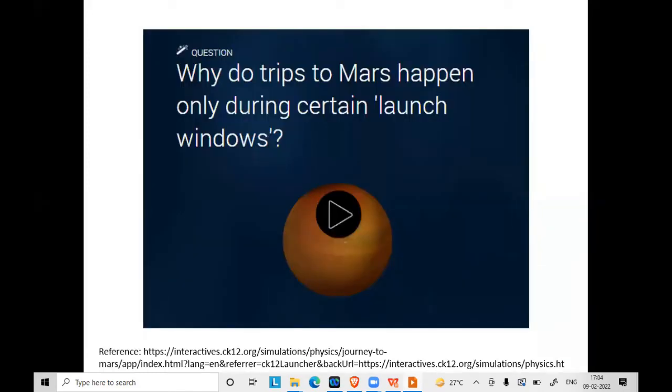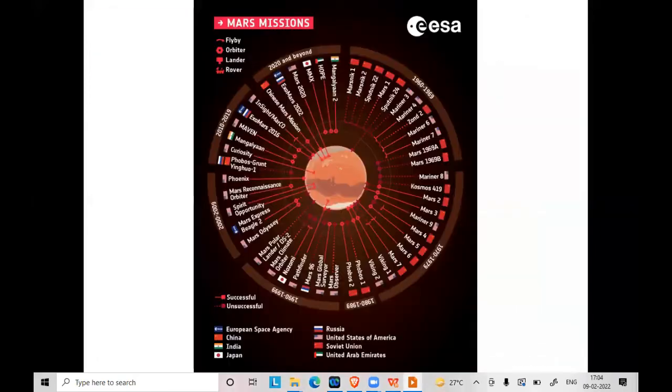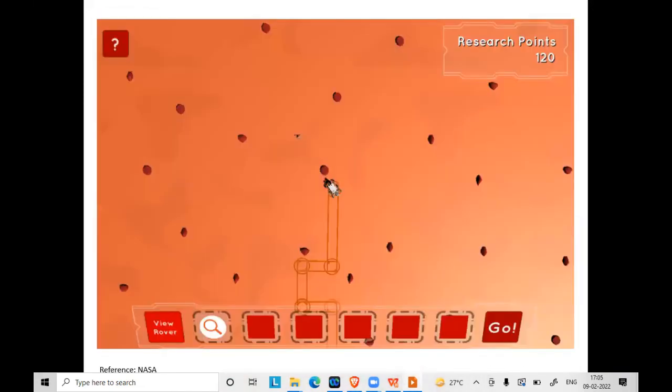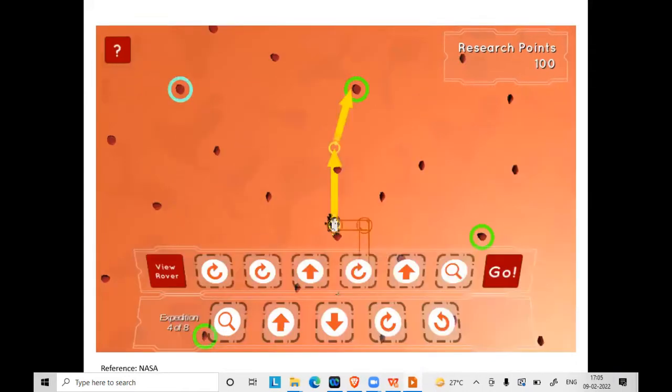As I mentioned in my previous point, the year 2020 was very interesting because it had 3 Mars missions. So you must have thought, why are Mars missions launched only in certain years?